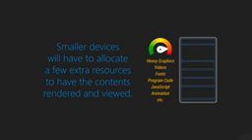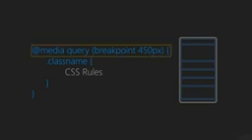Consider this example where a site contains heavy contents like HD images or videos. When they are to be viewed on a small screen device, that device will have to allocate a few extra resources to have the contents rendered and viewed. So in some cases, those contents are skipped when they are rendered on small screen devices to save resources in order for the device to work smoothly. This is where the media query comes into the picture.